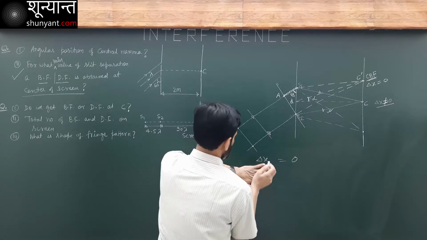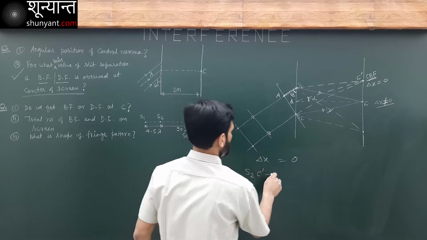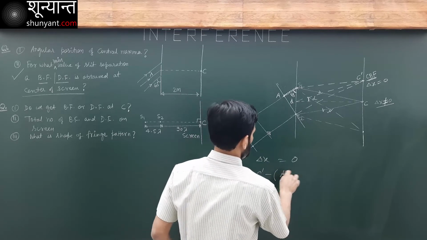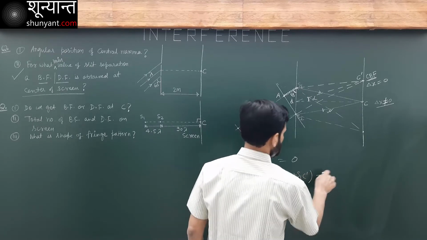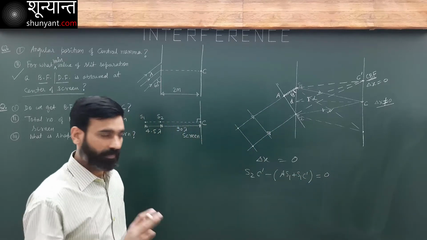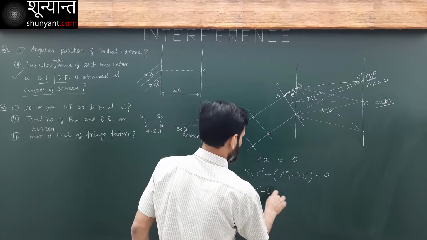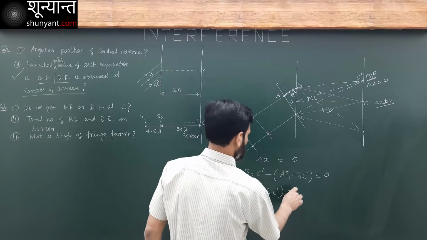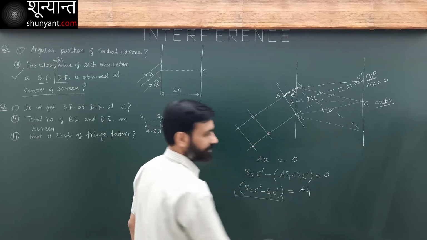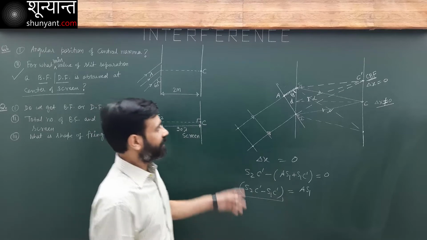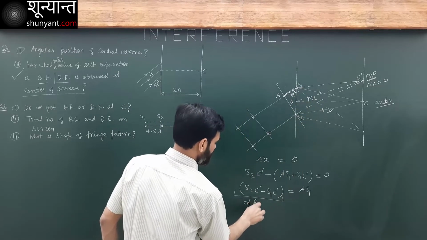Or let's write it like this: S2C dash minus AS1 plus S1C dash is equal to 0. Now S2C dash minus S1C dash is equal to AS1. Now what is this? It is nothing but d sine alpha.